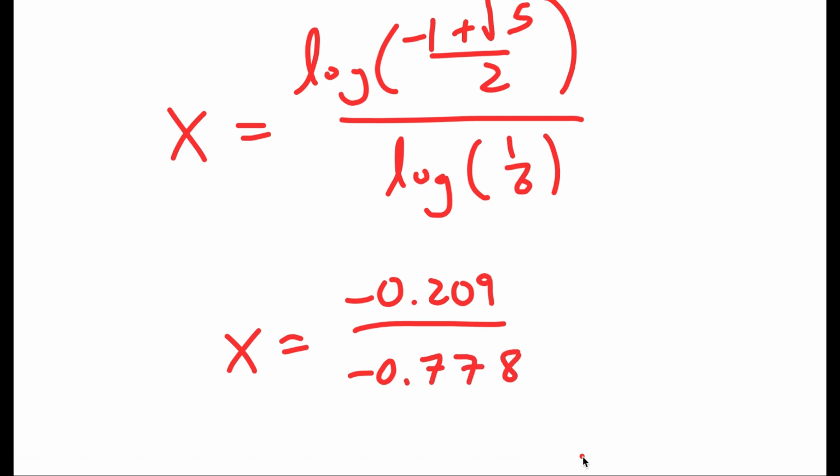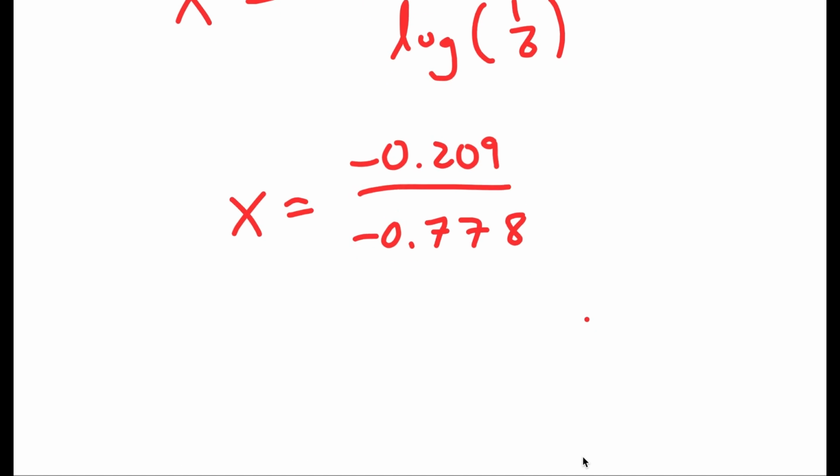So now if I divide these two, so I'm going to plug in negative 0.209 divided by negative 0.778, we get that x is equal to 0.269.